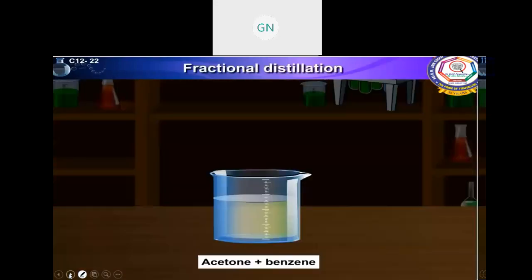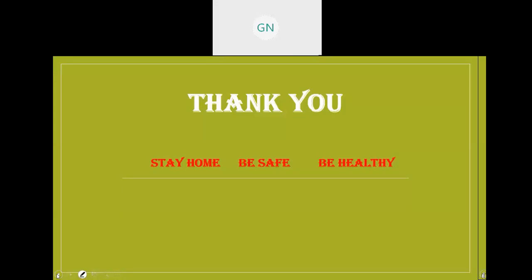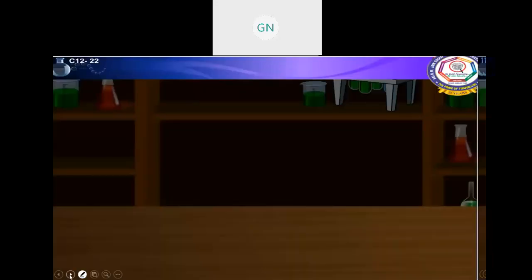Their mixture can be separated by fractional distillation.